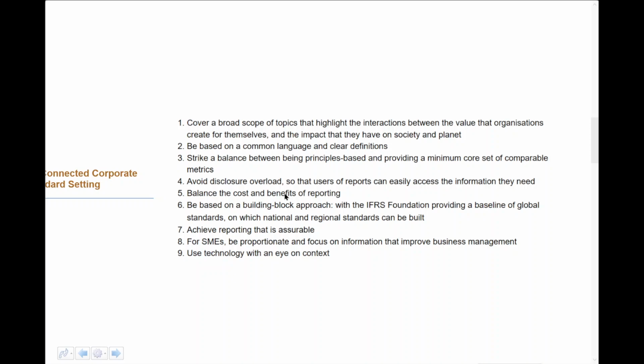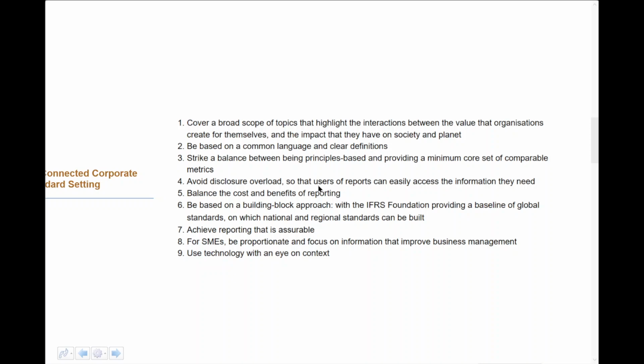Number 4, this is an interesting one, avoid disclosure overload. In essence, make sure that the presentation and content of reports is easy to use. What we don't need is too much information.